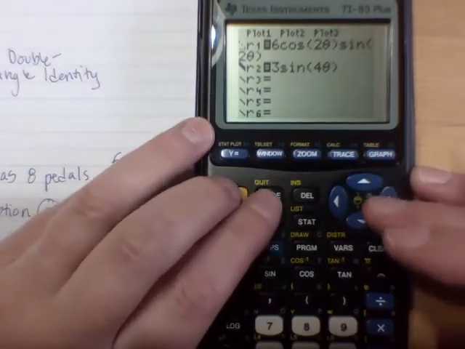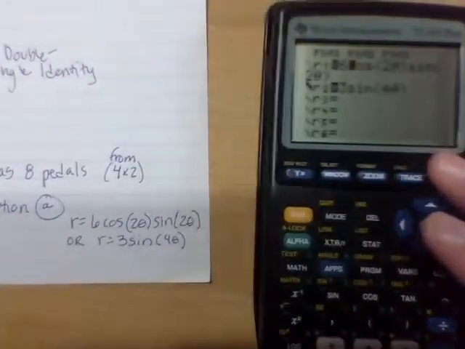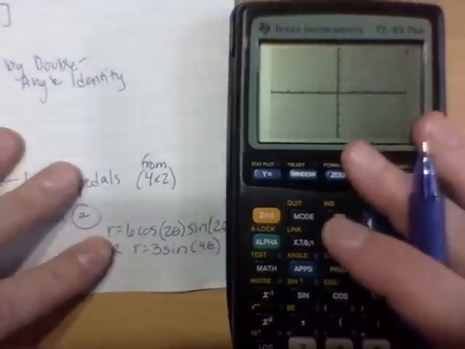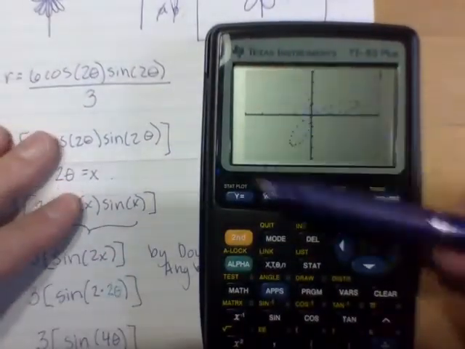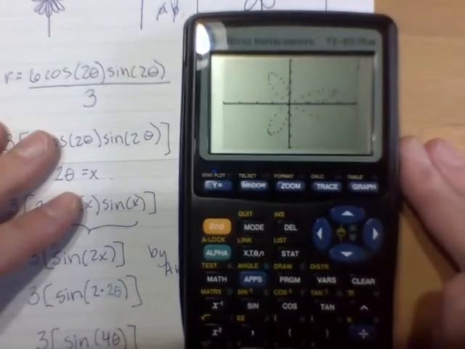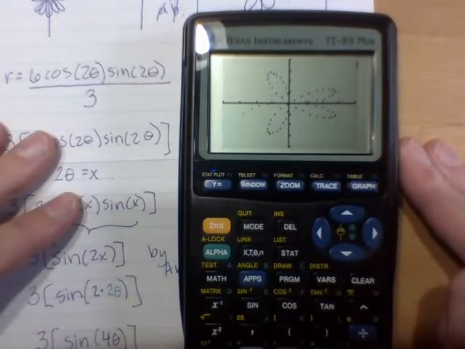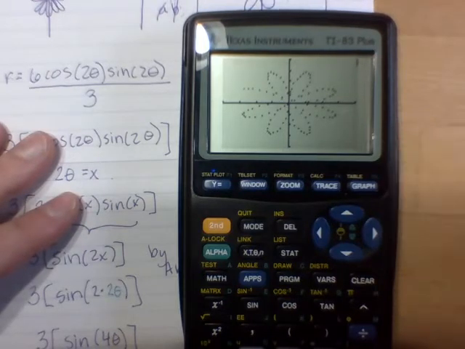All right. So the first one that we're going to see is the original equation that we were supposed to then rewrite. So you can see that it's kind of following this pattern here to make 8 petals. And then the next one is what we simplified it to be.